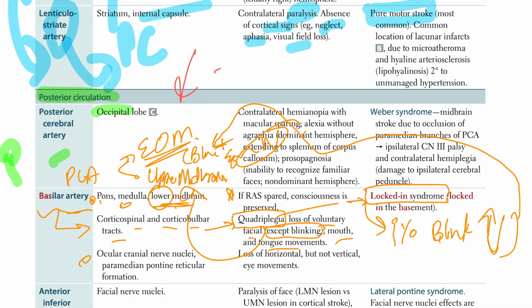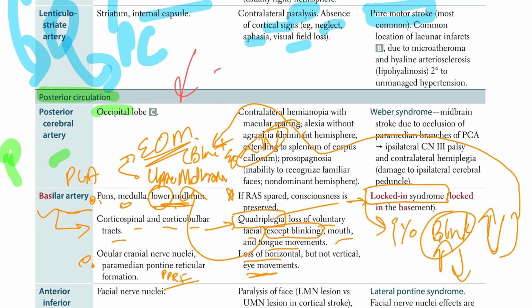Ocular cranial nerve nuclei, the paramedian pontine reticular formation, PPRF, is going to be out. It's going to cause loss of horizontal but not vertical eye movements. Again, what do we say? We say you can look up and down, with the blinking and up and down eye movements.